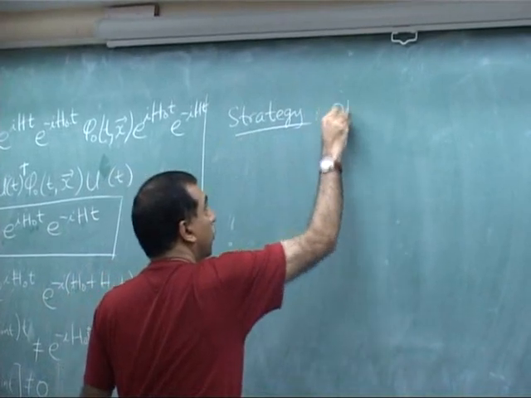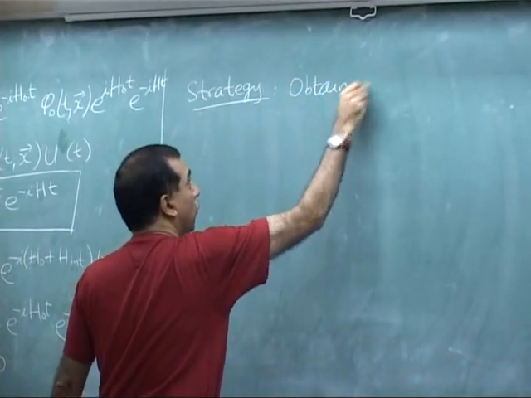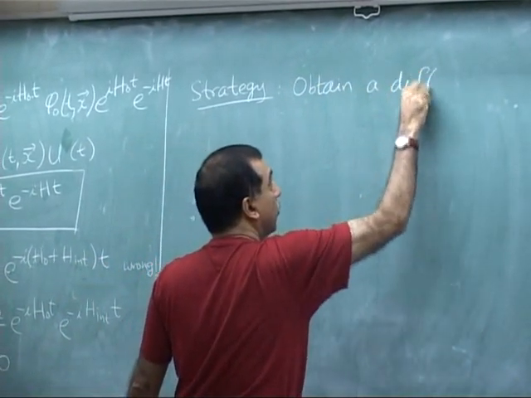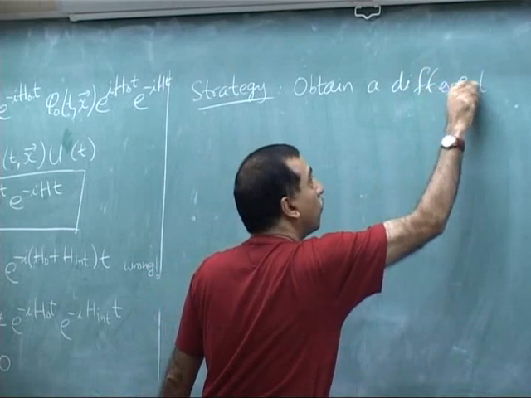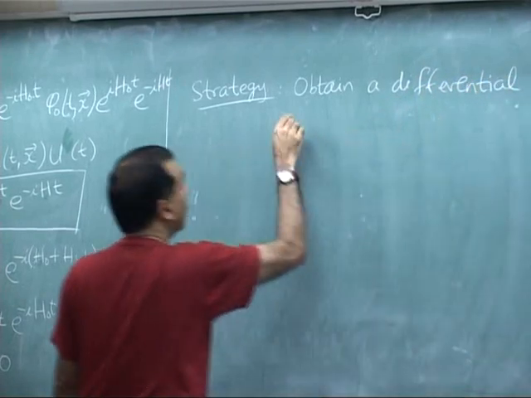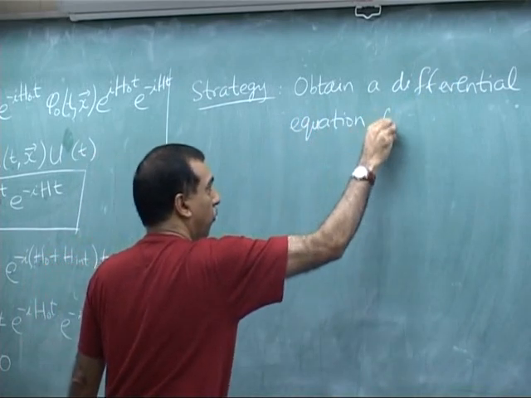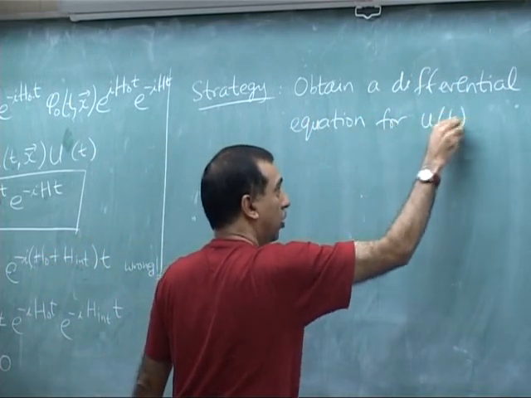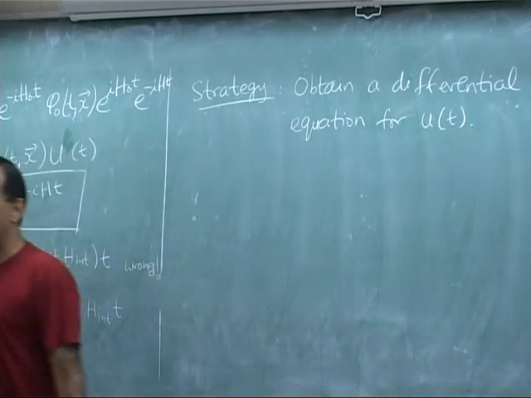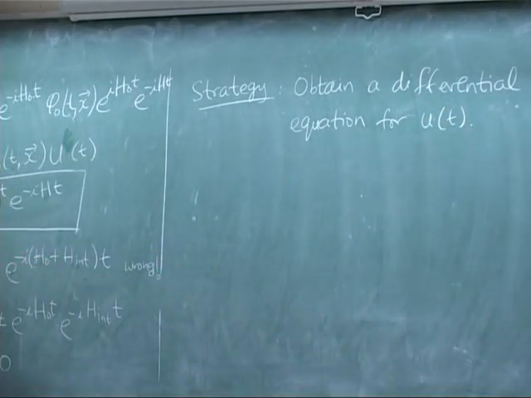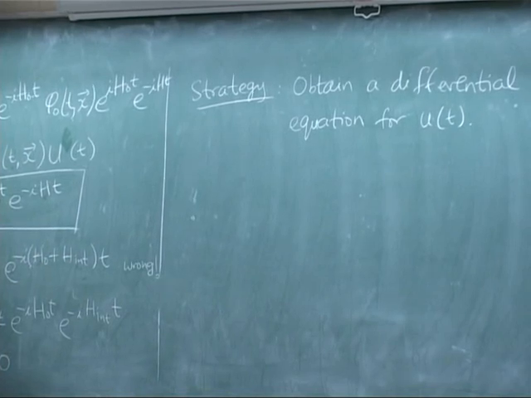Is to obtain a differential equation for u of t, and then integrate it back, being careful at all times that we never assume h0 and h int to be commuting.